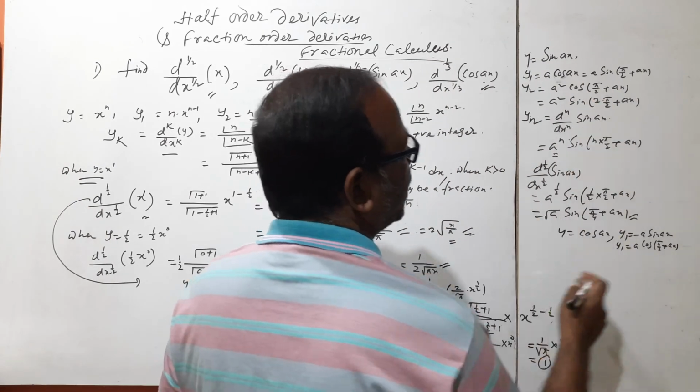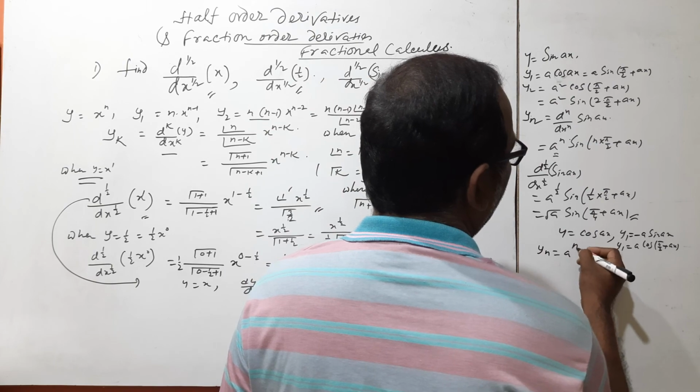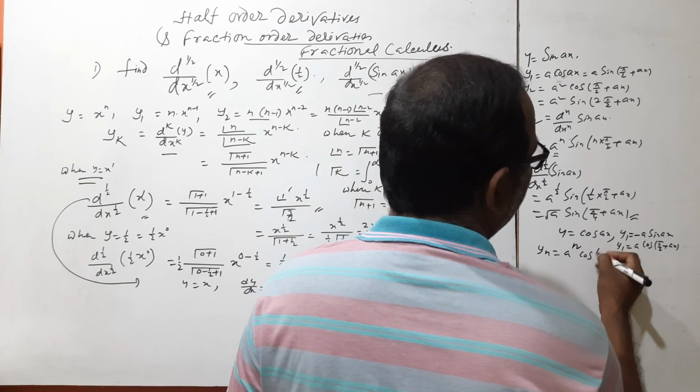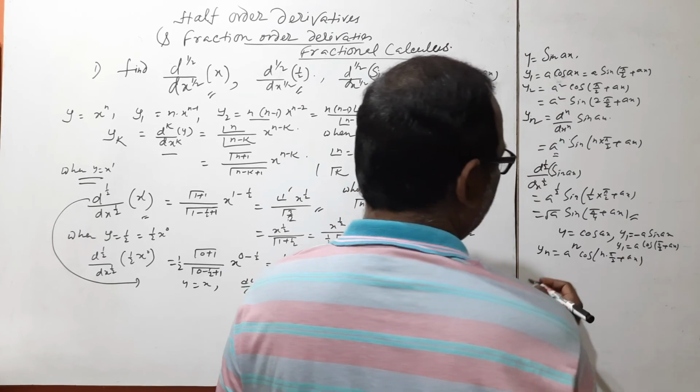Similarly, from this theorem we can easily find y suffix n is equal to a to the power n times cos of n into pi by 2 plus ax.